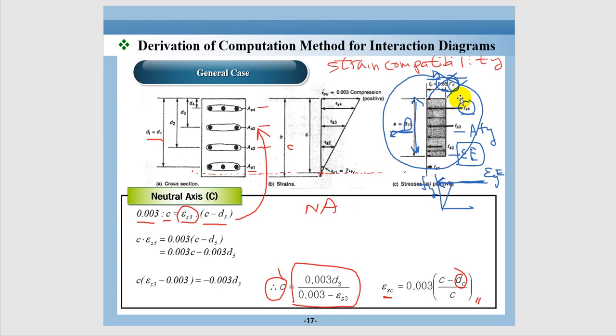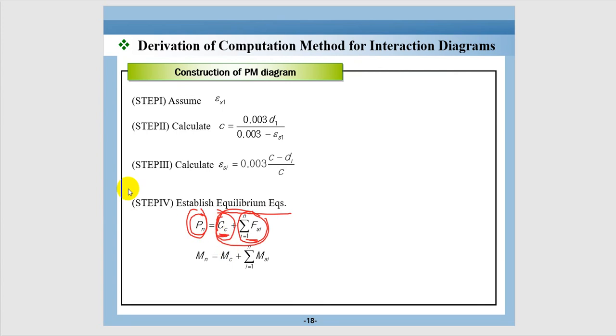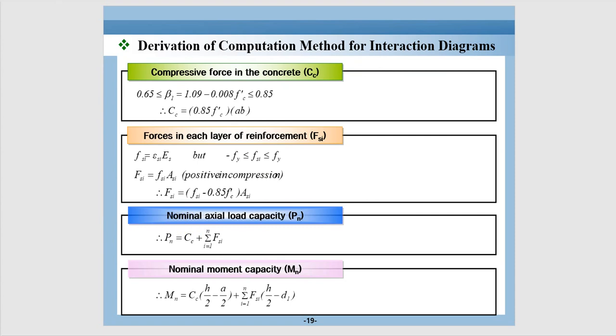So this concrete component and rebar component are going to produce the nominal axial force, the nominal axial load capacity. This is how you calculate the nominal axial load capacity, as long as you have the compression force due to the concrete and the compression force due to the rebars.